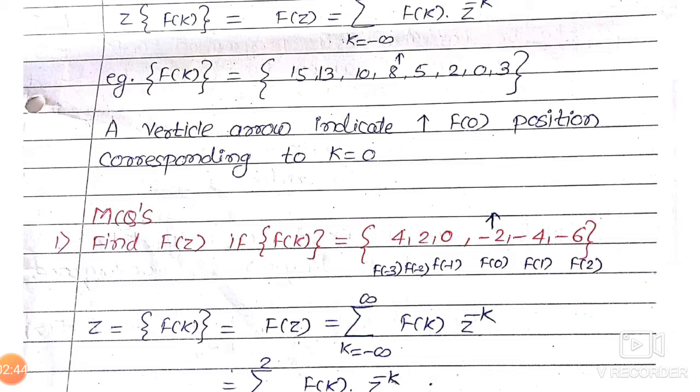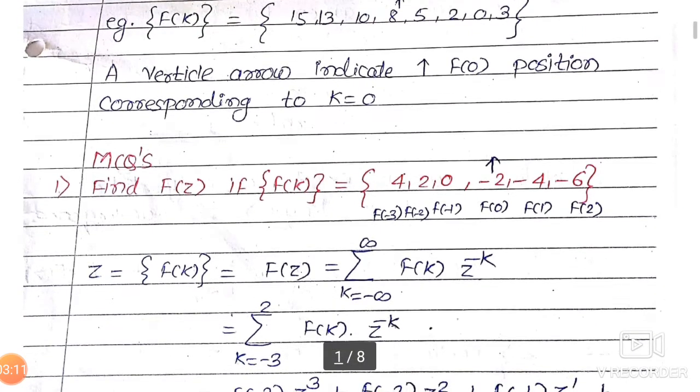That means minus 2 is the value at k equal to 0. Minus 4 is the value at k equal to 1. Minus 6 is the value at k equal to 2. And 0 corresponds to k equal to minus 1. 2 is the value at k equal to minus 2, and plus 4 is the value at k equal to minus 3. So write all these values.